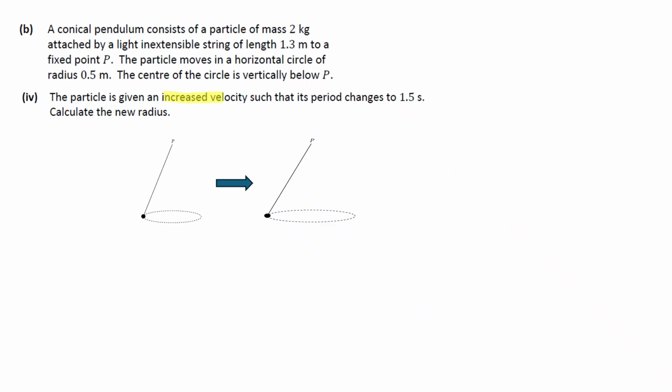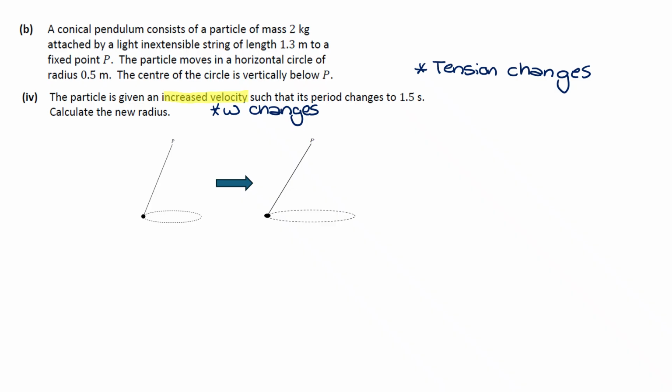There's an increased velocity, which means that omega also changes. And the thing that catches students on this is that tension changes. That's really important because if you bring your tension through, you're going to get the wrong answer. So bear that in mind.